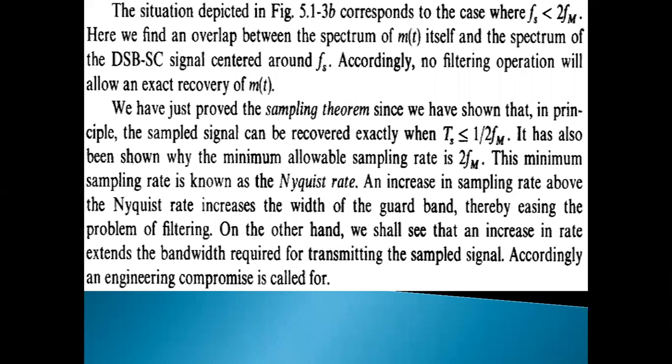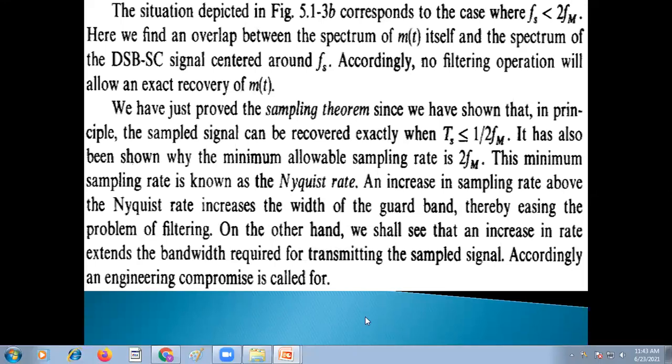This minimum allowable sampling rate is also called the Nyquist rate. What is the minimum allowable sampling rate? Fs equal to 2Fm, or Ts equal to 1/2Fm.